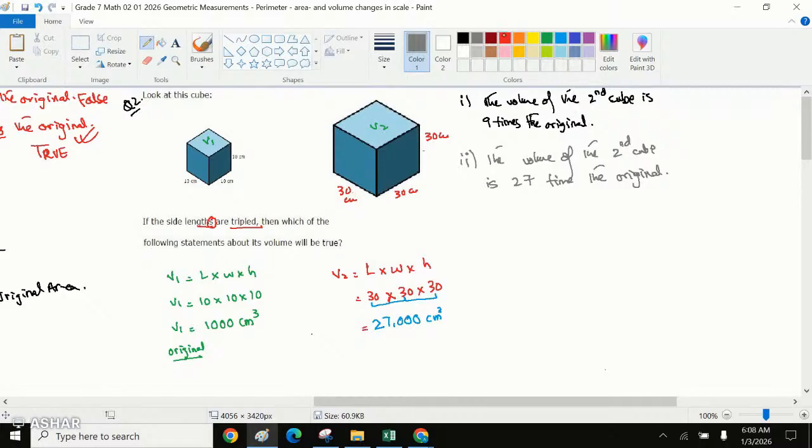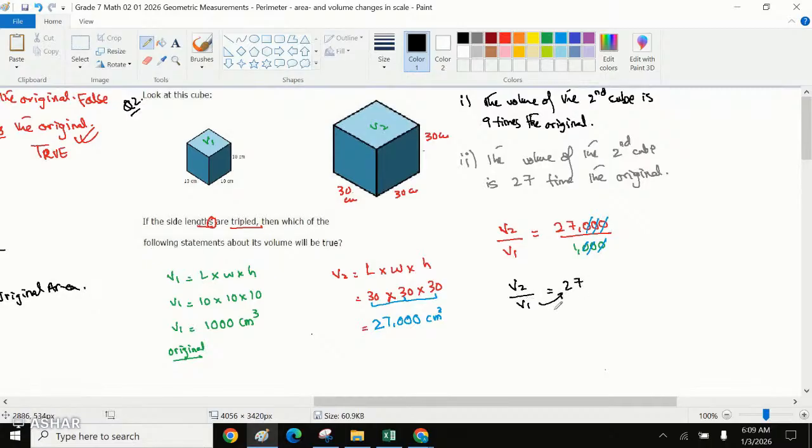So let's see. All we can do is compare the volumes and find the ratio of the volumes. So V2 was the new, divided by V1, that was the original, right? V2 is given as 27,000 divided by the original volume, that was 1,000. So we can simply cancel out the zeros. So can we say that volume 2 upon volume 1 is 27?